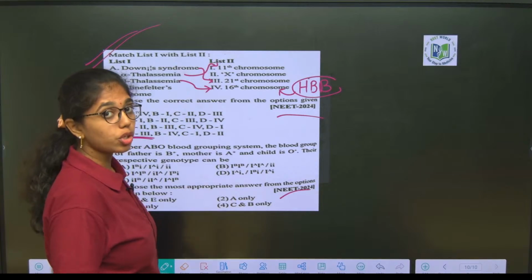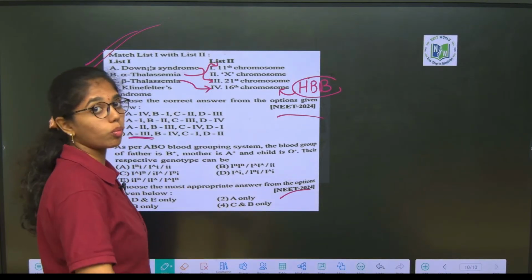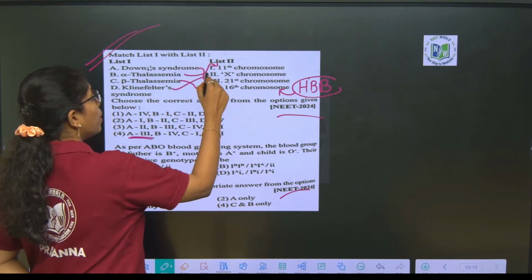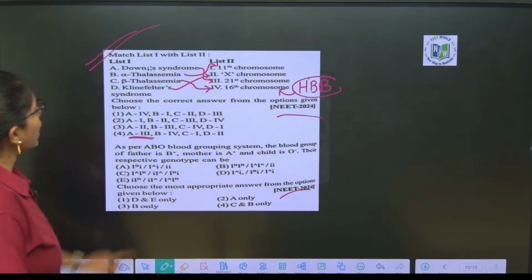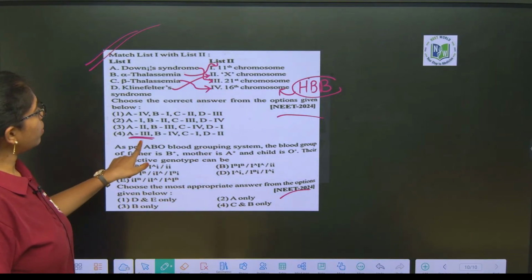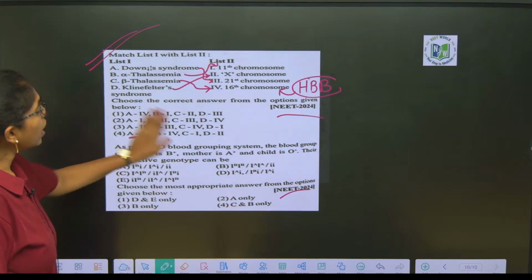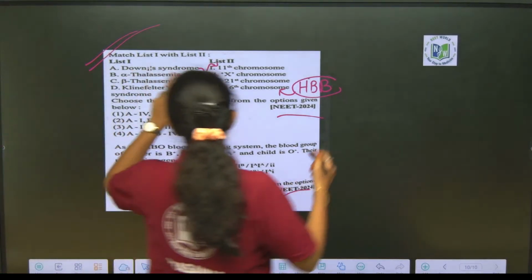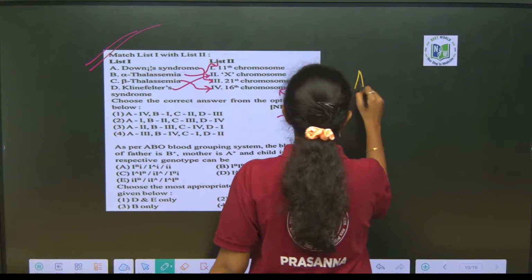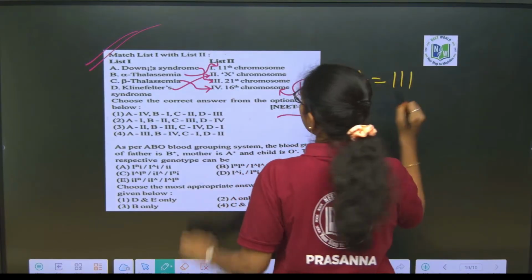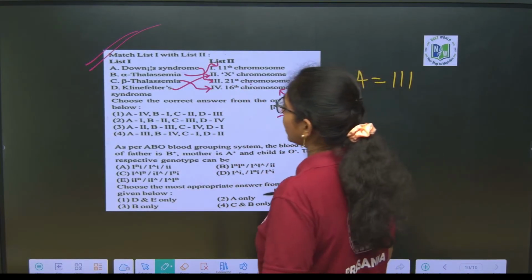Klinefelter syndrome is due to the presence of an extra X chromosome in the affected males. I'll give out the options. Down syndrome, trisomy of chromosome 21, A is 3.